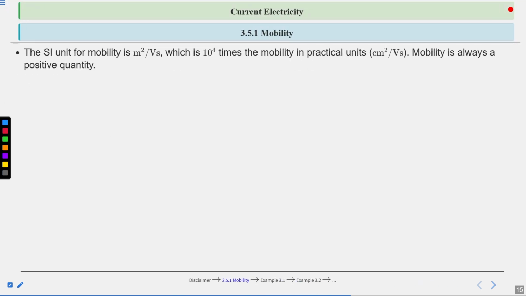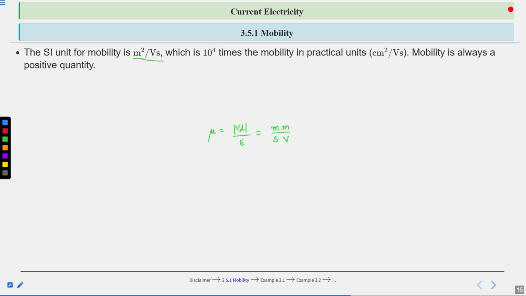The SI unit for mobility is meter square per volt second, as mobility is given by Vd upon E. Drift velocity has units meter per second, and the unit of electric field is volt per meter. So the unit is meter square per volt second.